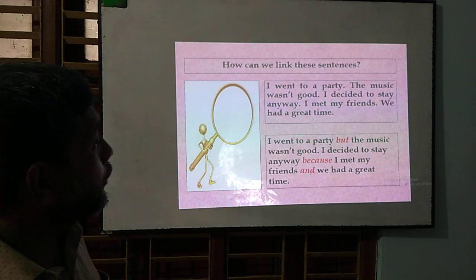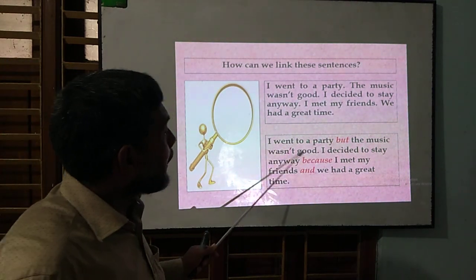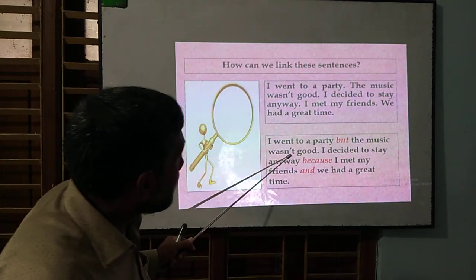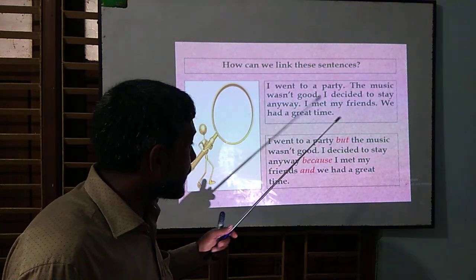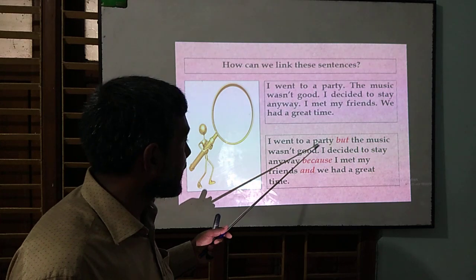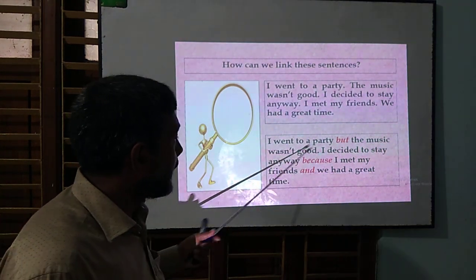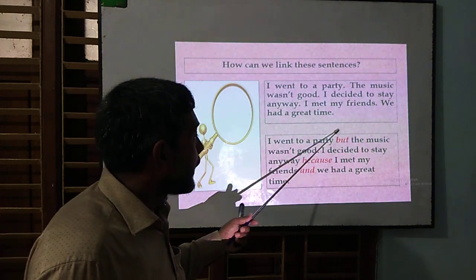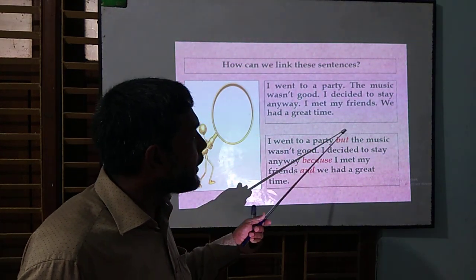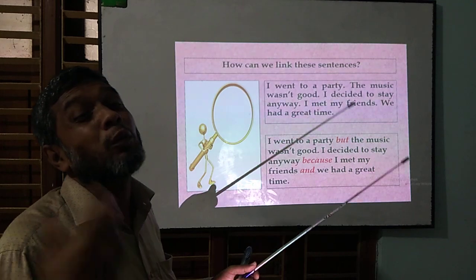So, I went to a party but the music wasn't good, because these two sentences give opposite ideas. So I have used a connector which is used to express an opposite idea.